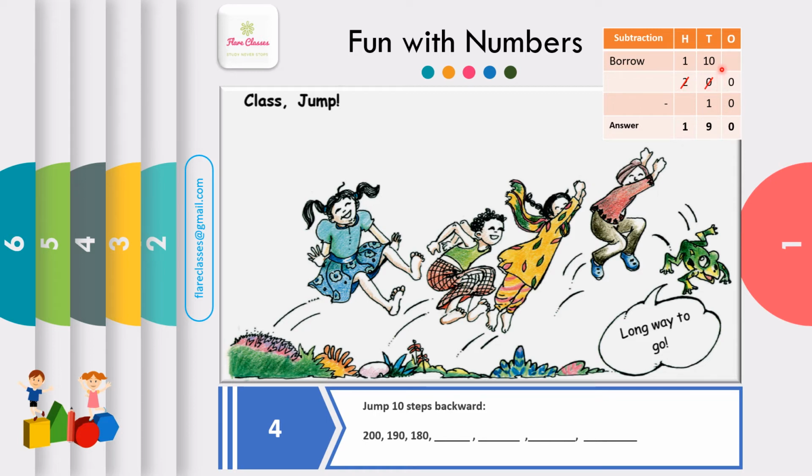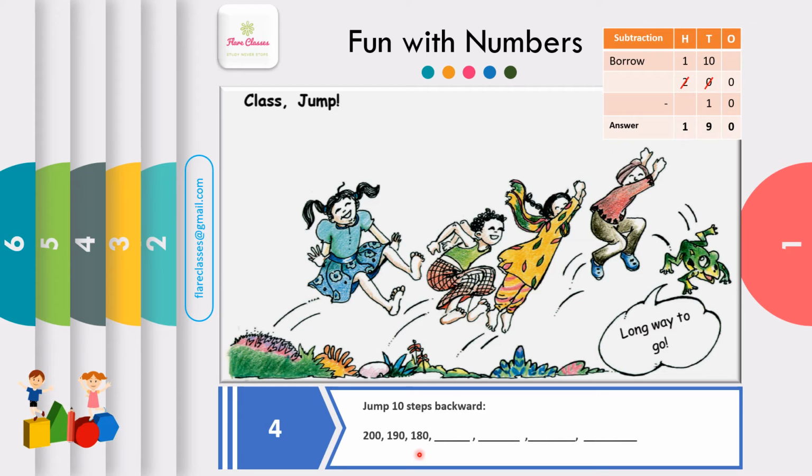So new number will be 10, and 10 minus 1, 9. At hundreds place we have 1, so we will write down 1 here. Answer of 200 minus 10 will be 190 as written here.